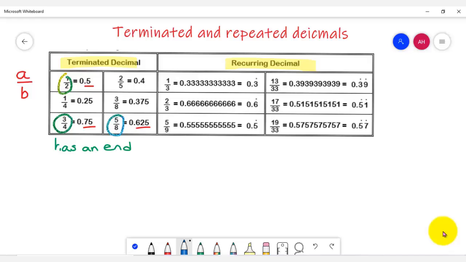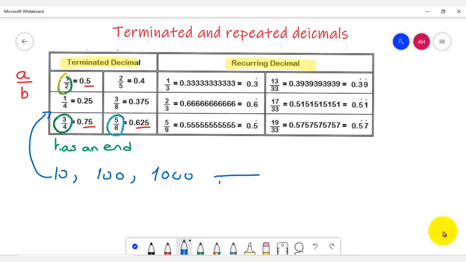How do I know if a fraction is a terminated decimal or not? Simply, if I have any fraction with a denominator of 10, 100, or 1000, this is going to be a terminated decimal.